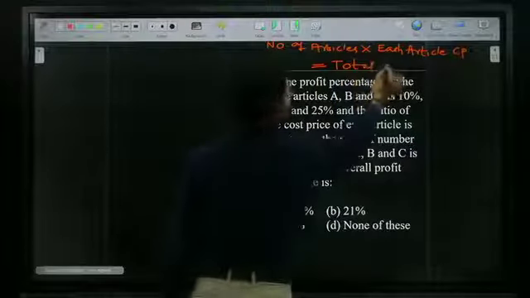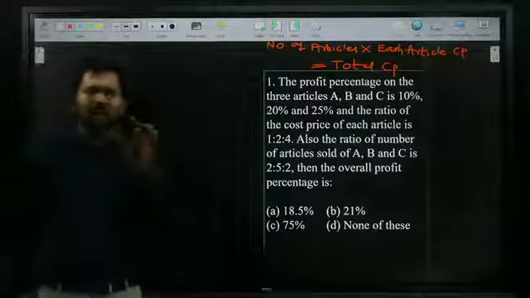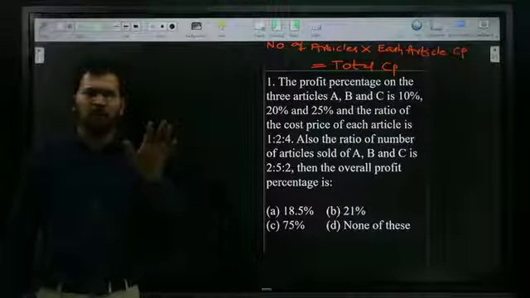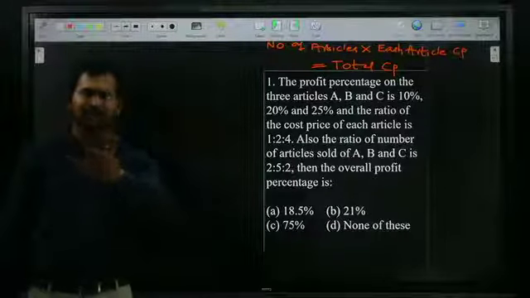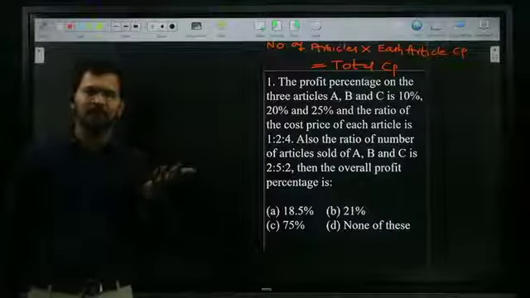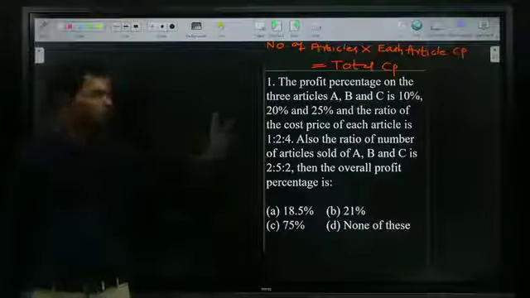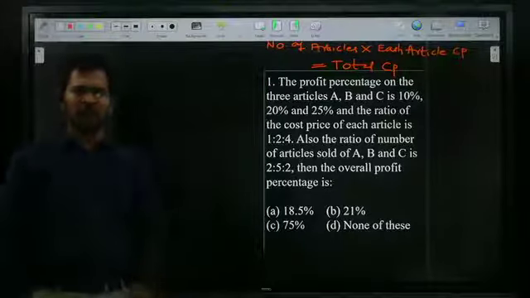Accepted or not, all of you? Say for example, one pen costs 5 rupees. Then 10 pens cost is nothing but 10 into 5, 50 rupees. All of you clear? So number of articles into each article's cost price is nothing but total cost price.